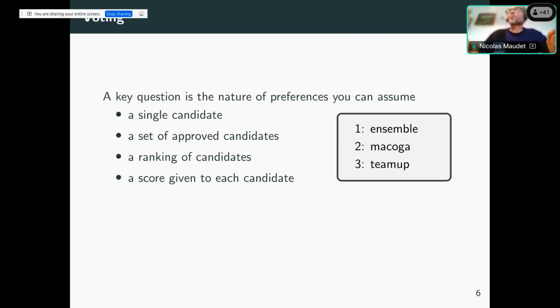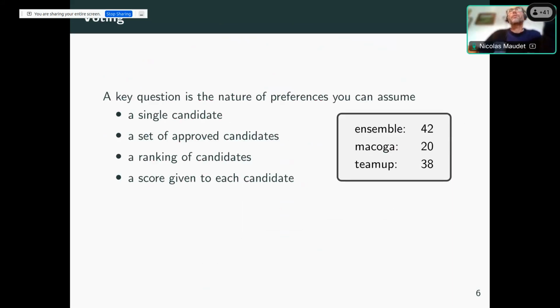You can also express a ranking over the candidates. For instance, your top option is Ensemble, then Makoga and Team Up. Or you could give a score to the different candidates. You could say, I have 100 points to spread, and Ensemble gets 42 points, and so on. So these are different ways to express preferences.